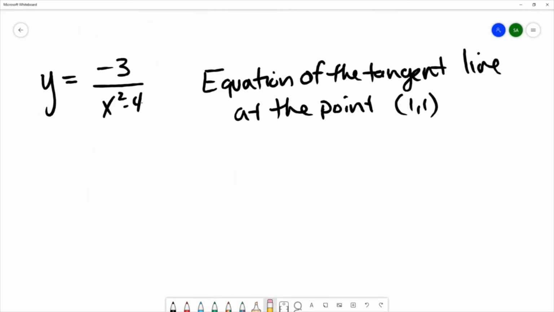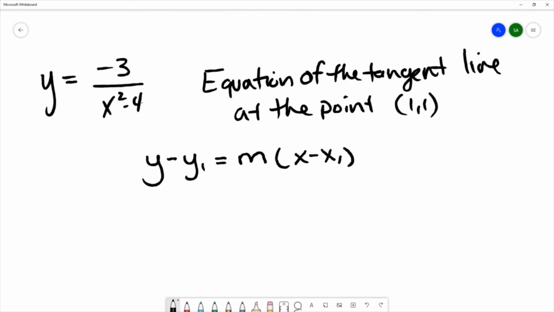So on this question, we want to find the equation of a tangent line at the point 1, 1 for the equation y equals -3 over x squared minus 4. So in order to find the equation of a line in general, using algebra, we typically would use the point slope form, which is y minus y1 equals m times x minus x1.